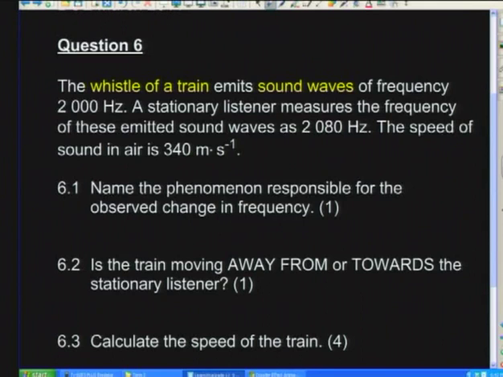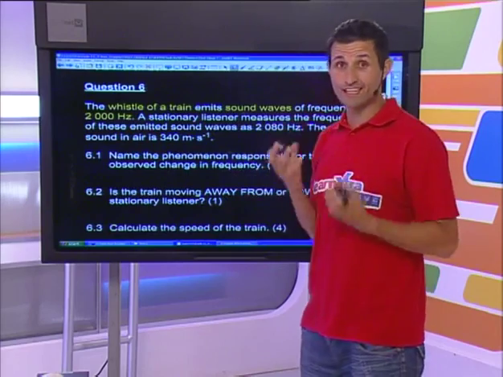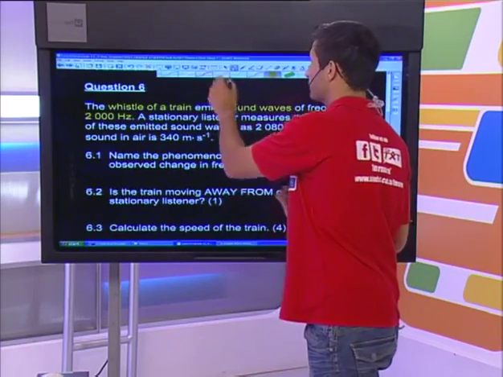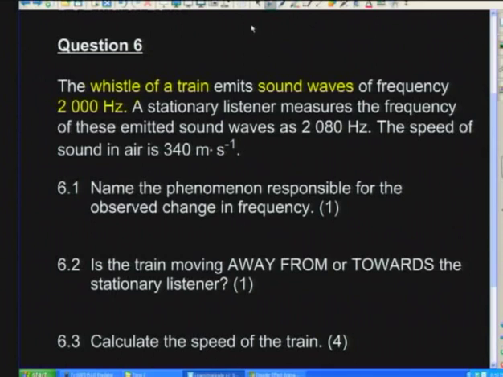It emits sound waves of frequency 2000 hertz. So here we've got this train traveling along, giving off sound waves at 2000 hertz. We've been told which one is the source and, more importantly, the frequency of my source. So let's write that out. That is my frequency of the source.